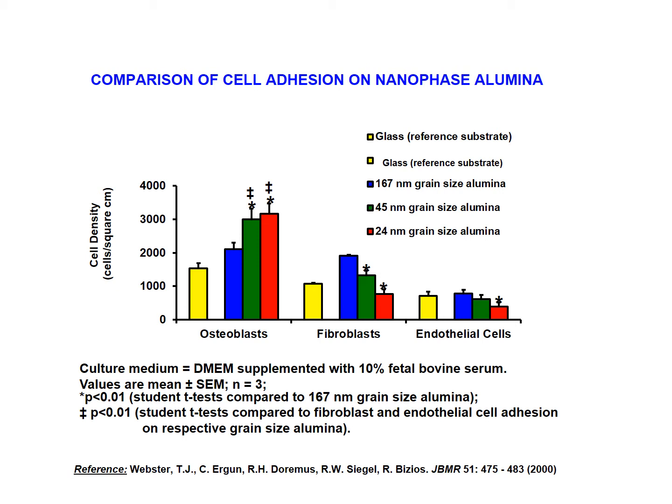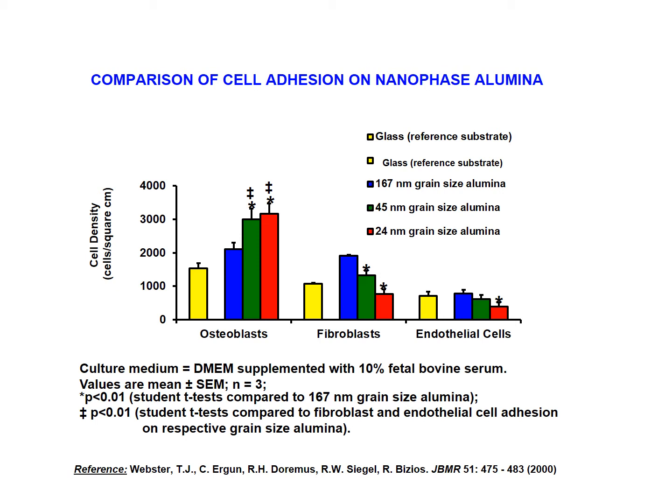In the case of endothelial cells, you see overall very small adhesion on all ceramics. But if you see the trend, again, adhesion of endothelial cells on the nanostructure ceramics is lower than that on the conventional ceramics. This particular result provided very intriguing and for the first time information of the preference of certain cells, specifically osteoblasts, on ceramics here.